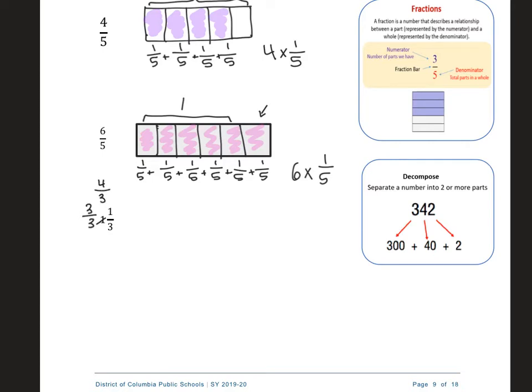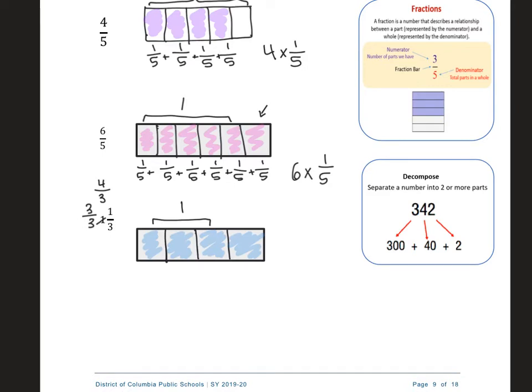I'm going to take my tape diagram. There are going to be 3/3 in the 1 whole, but there are going to be 4/3 altogether. So I'm going to split this into 4 pieces, but I'm going to draw my 1 whole over 3 pieces, because 3 is my denominator. Now I'm going to shade in 4/3: 1, 2, 3, 4.